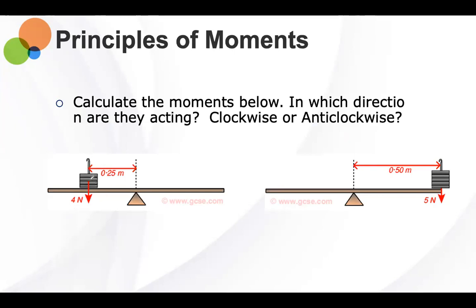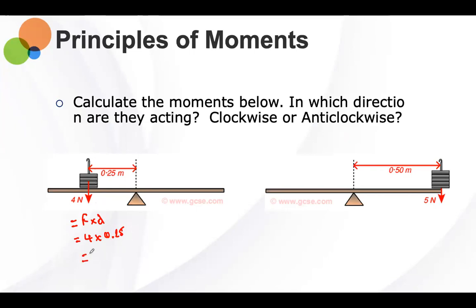So we have 4 newtons and it's 0.25 meters away from the center. So the moment will be equal to force times distance. So what do we have here for force? 4 times 0.25.